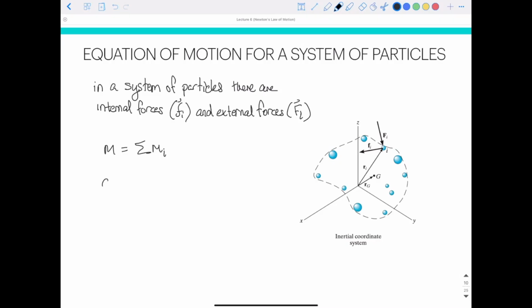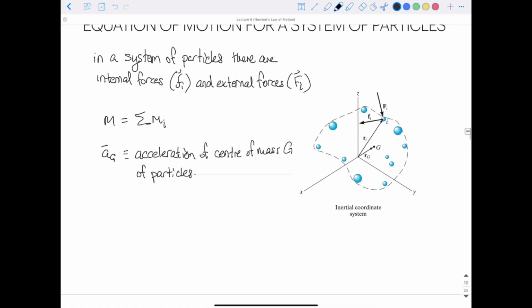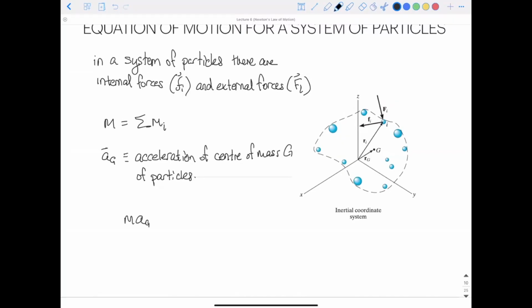And a_G is equal to the acceleration of the center of mass, G, of the particles, then we can write that m, the total mass of our system, times the acceleration of the center of gravity of our system of particles, is equal to the summation of the mass times the acceleration of every single particle.